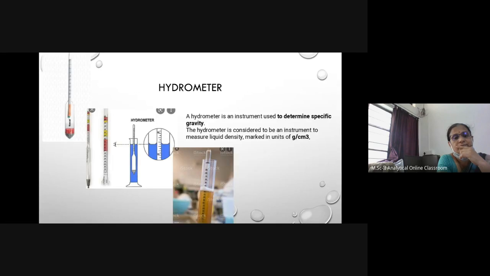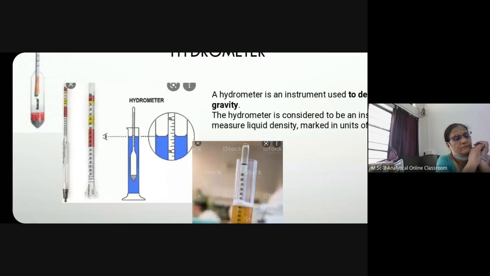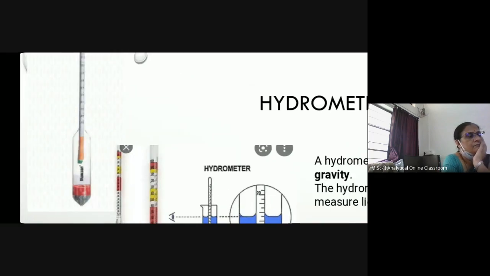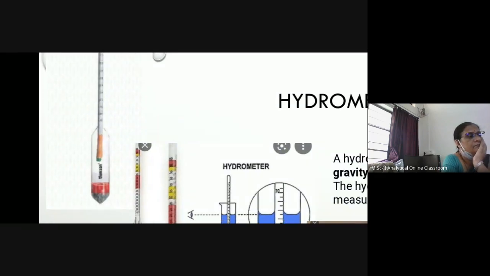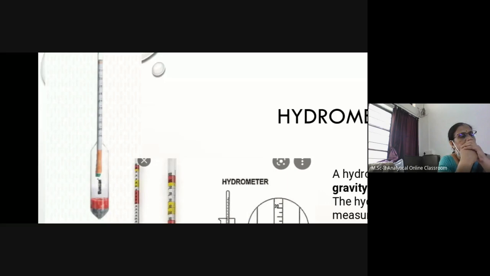After that, I learned the use of the hydrometer. This is a basic instrument, a simple tool which is used to measure the gravity of any liquid chemical or also water. Its unit is gram per cm cube. You can see in this figure, it has markings, for example from 1.500 gram per cm cube to 1.600 gram per cm cube.